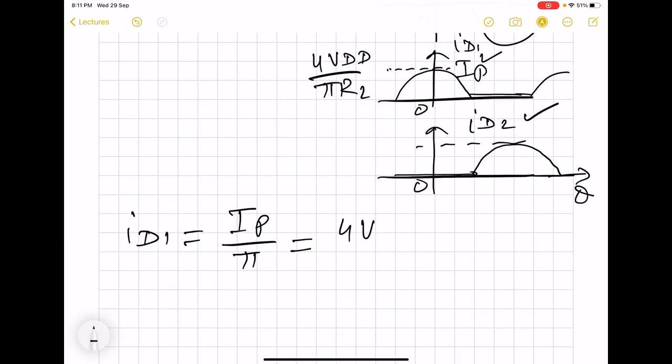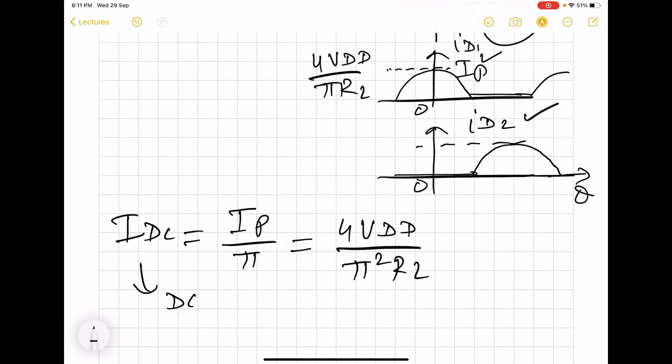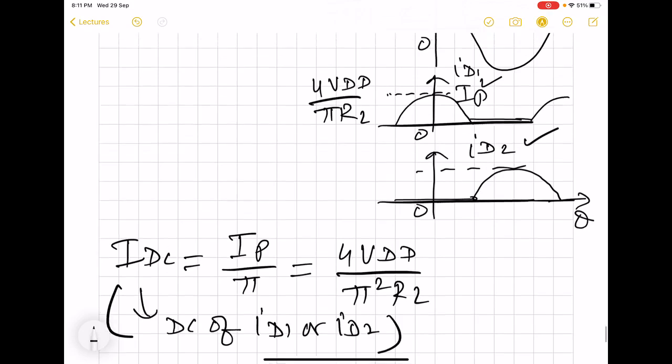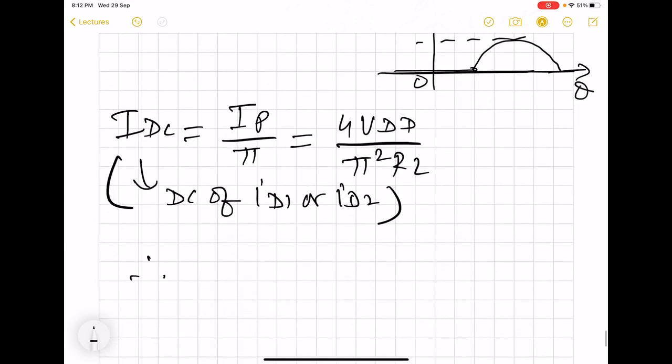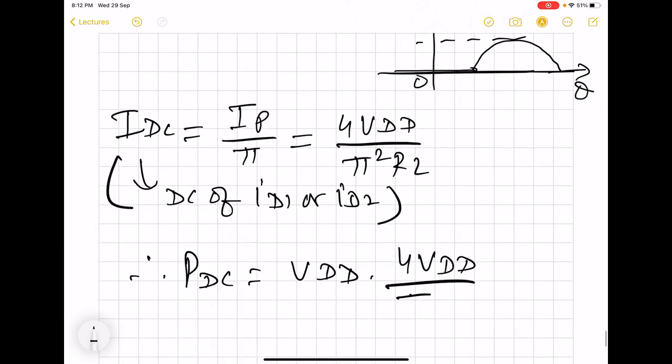So this will be 4 VDD by pi square RL. So therefore, the DC power is going to be VDD into 4 VDD by pi square RL.